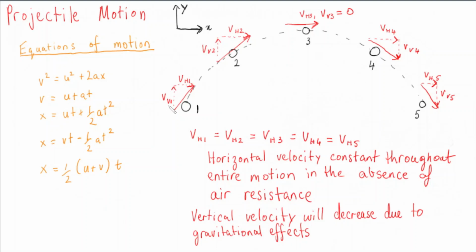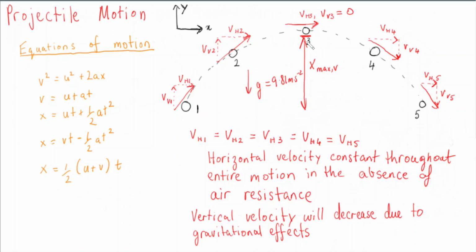However, the vertical velocity vector would decrease over time up till point 3, up till its maximum height, which I'll label here as x max in the vertical direction. And that would be due to the gravity causing an acceleration downwards, which I'll put down as well. And that would be acting at 9.81 meters per second squared.